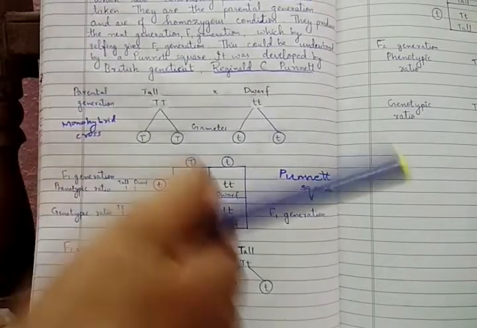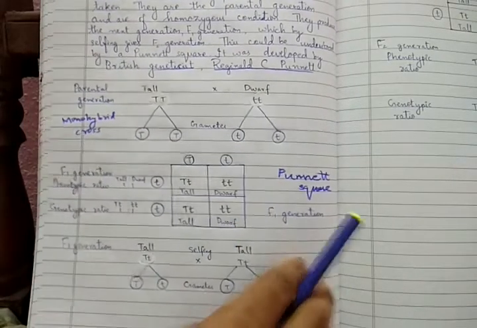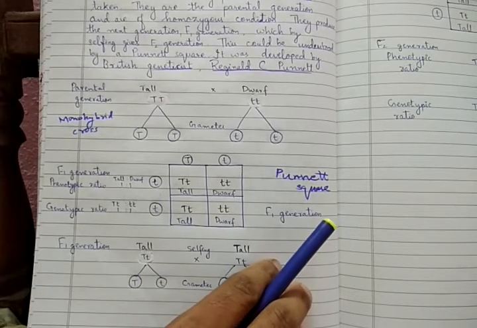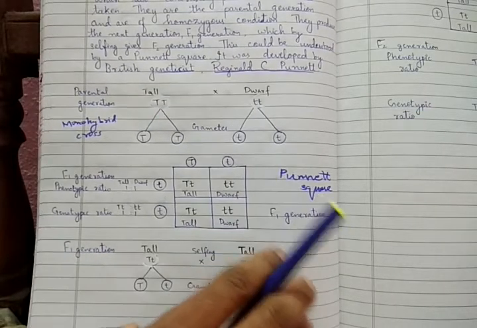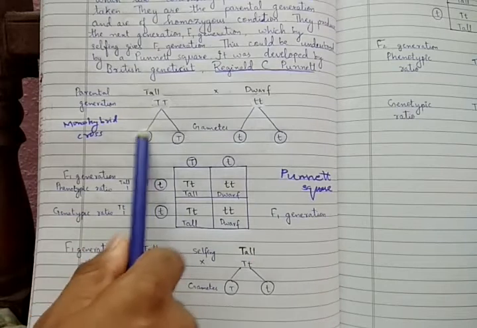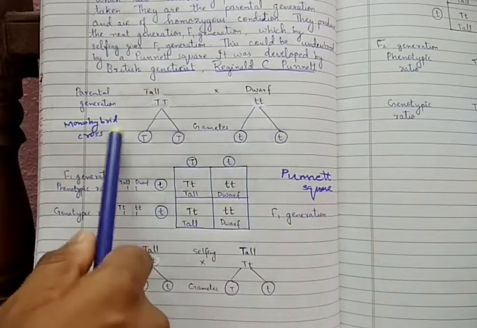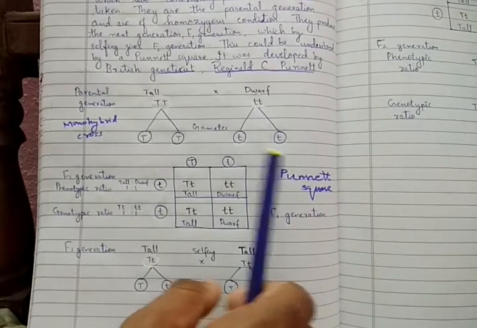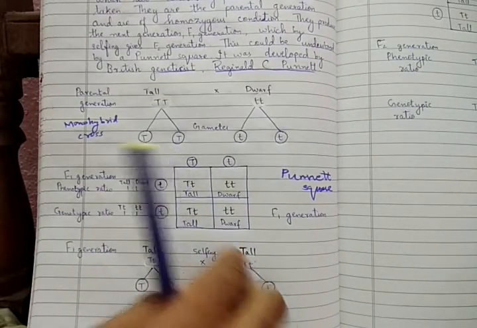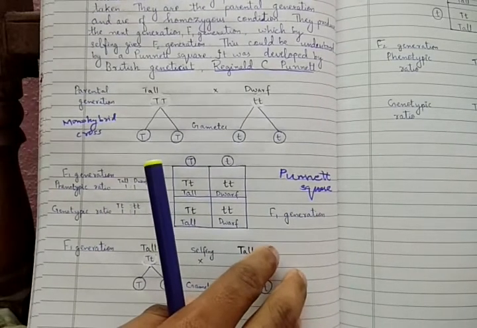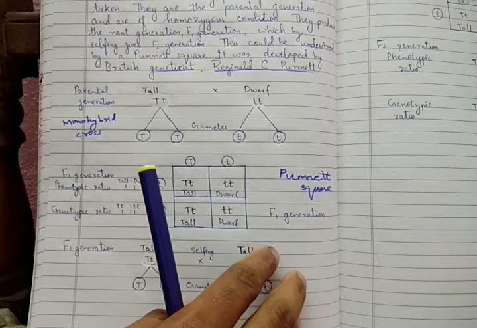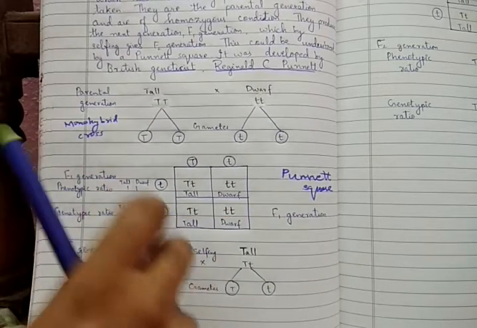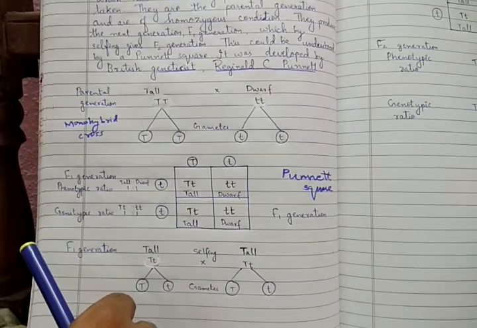It depends on the number of gametes how many boxes or rows are to be made. If there are 1, 2, 3, 4 gametes in the row, then we have to make as many boxes so that we can include the next generation itself, right?